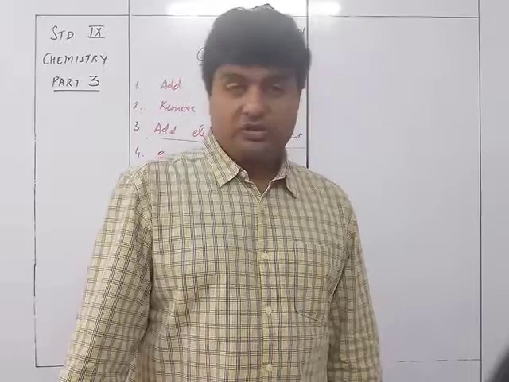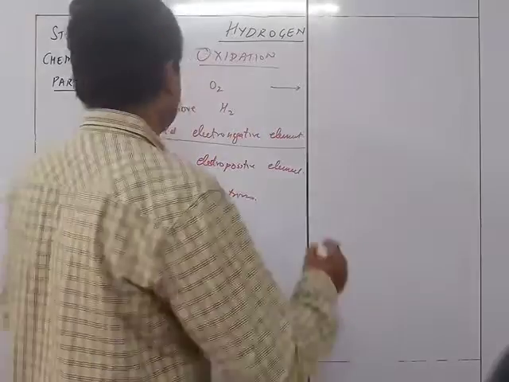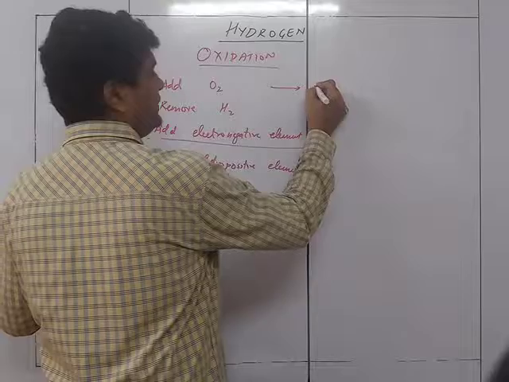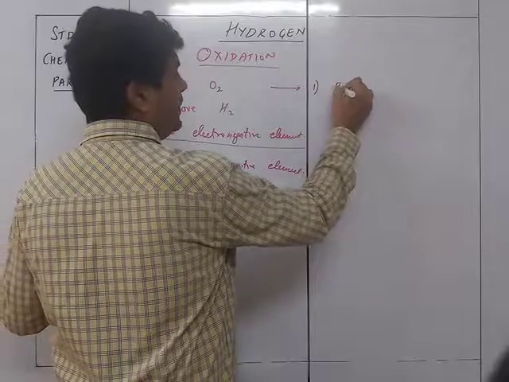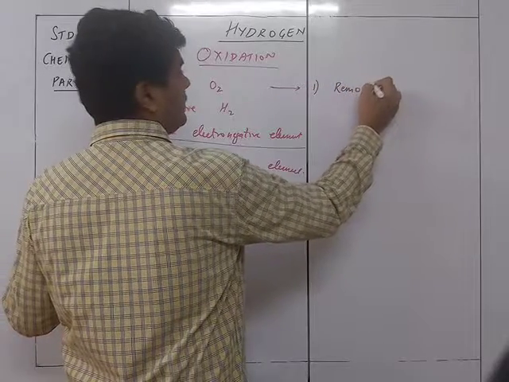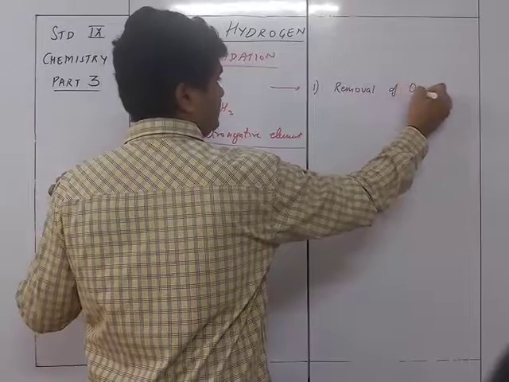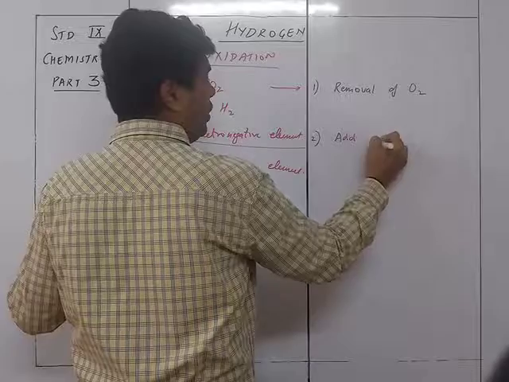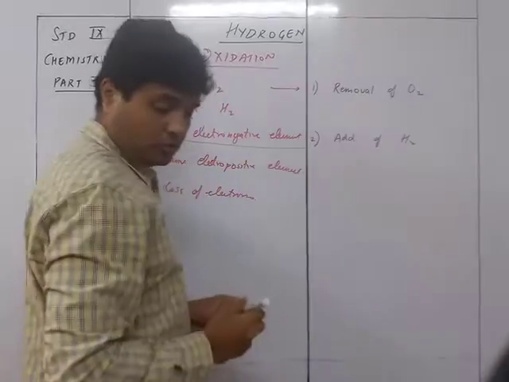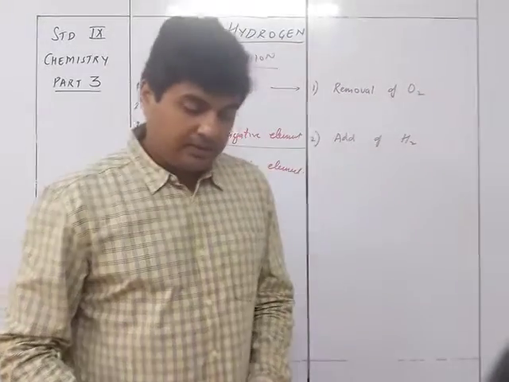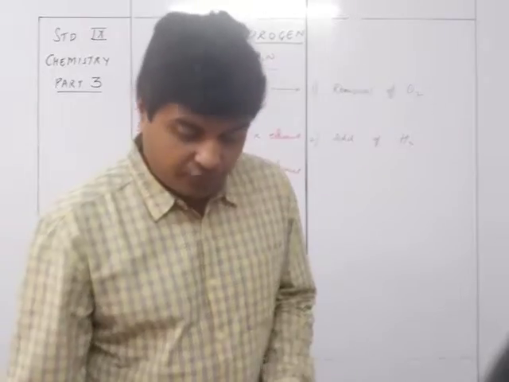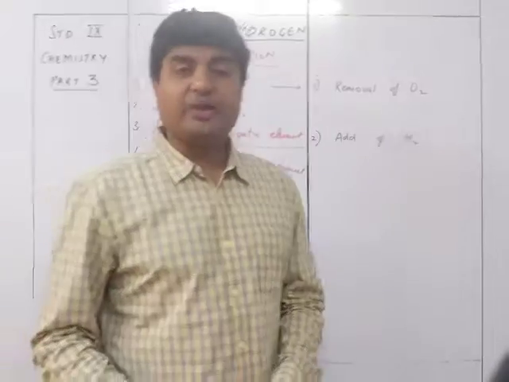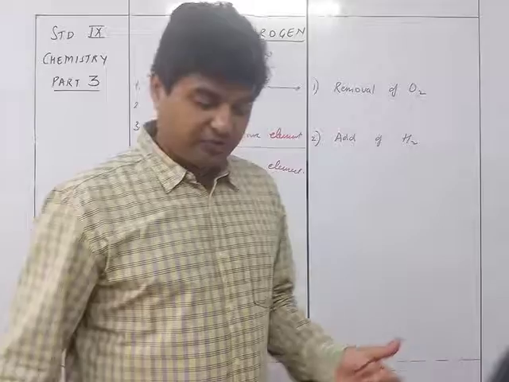So oxygen is removed. The first thing over here was addition of oxygen, so here it is removal of oxygen. The second is addition of hydrogen. So removal of oxygen from a compound or addition of hydrogen to a compound, that is the first part.